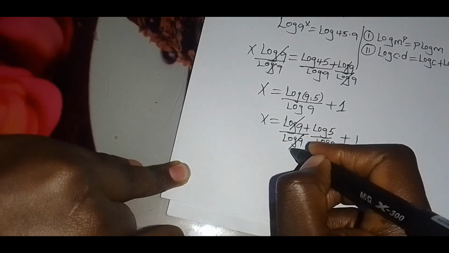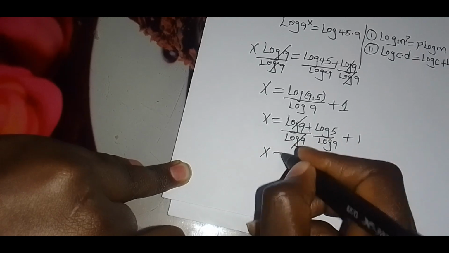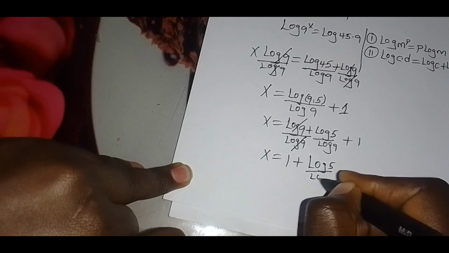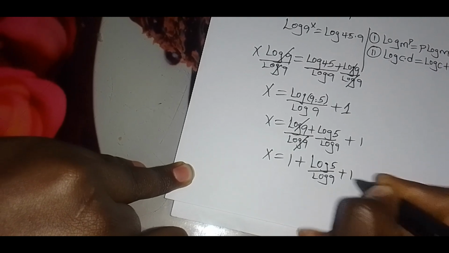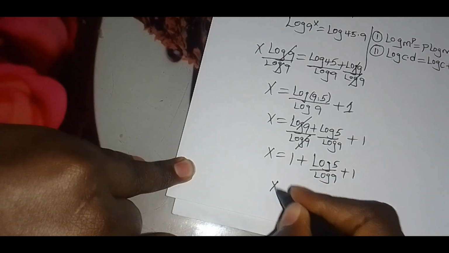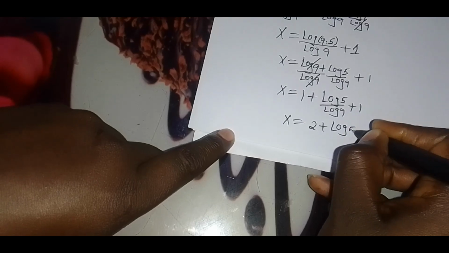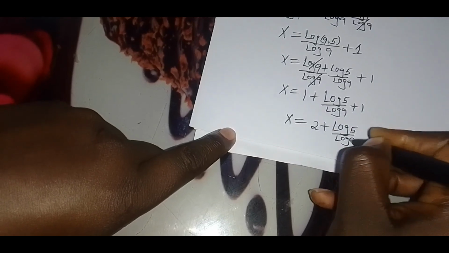So log 9 and log 9 simplify, so that x is equal to 1 plus log 5 divided by log 9 plus 1. Okay, so that x is equal to 2 plus log 5 divided by log 9.